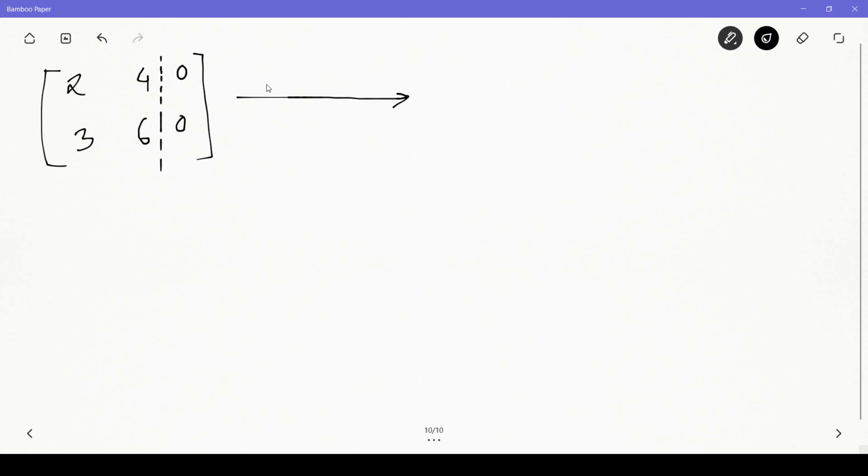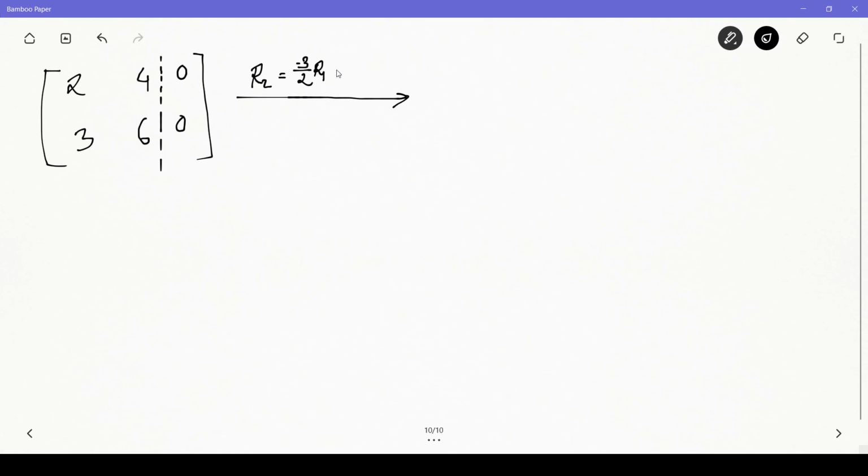So let's do that. Let's say my new row 2 would be minus 3 by 2 times R1. So for 2 it would give me minus 3. For 4 it would give me minus 6, and minus 6 plus 6 would of course give me 0, right?